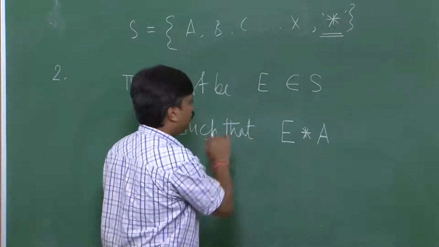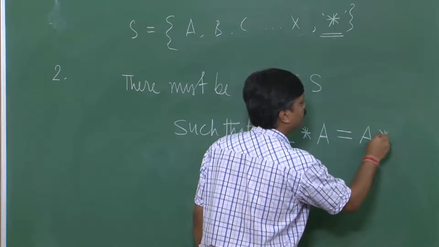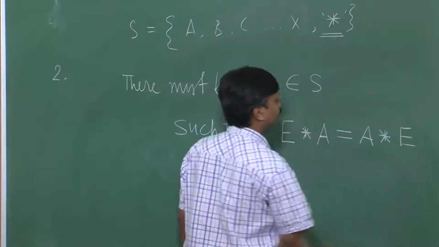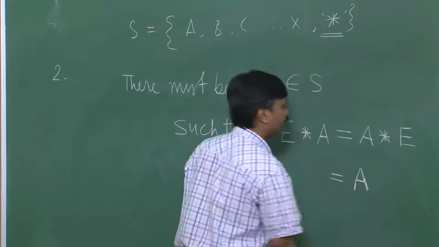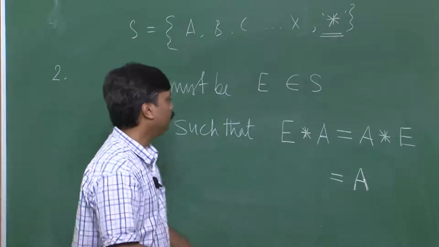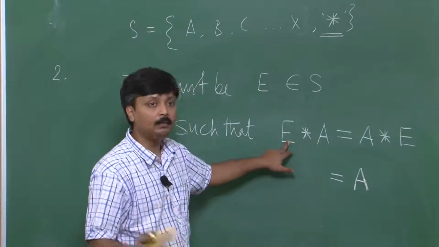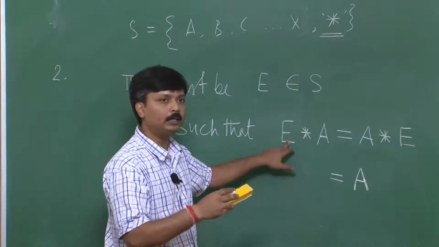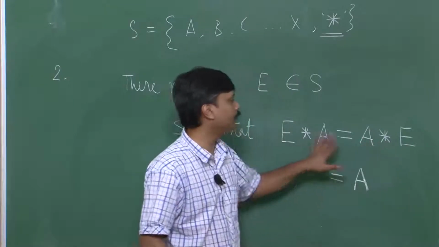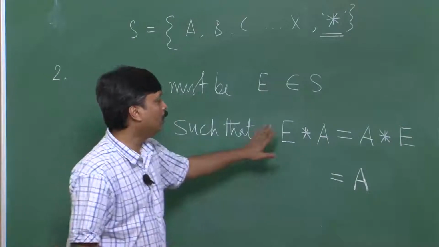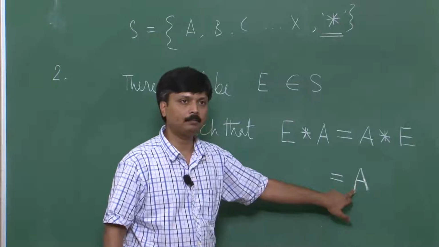Then E star A should be the same as A star E, which is equal to A. So it says that E commutes with A. Commute means it does not matter the order of combination, whether it is E star A or A star E. The only difference is the order of combination, so the order does not matter and it ends up giving back the element itself.